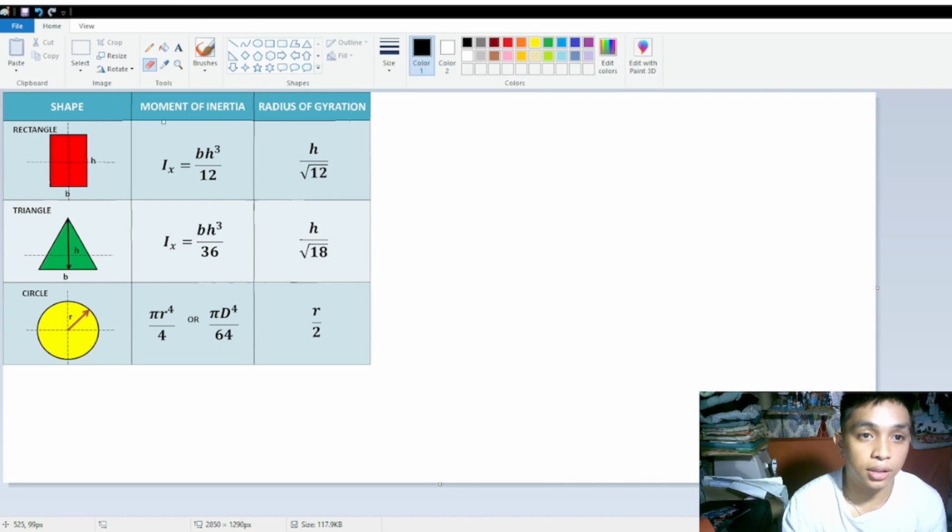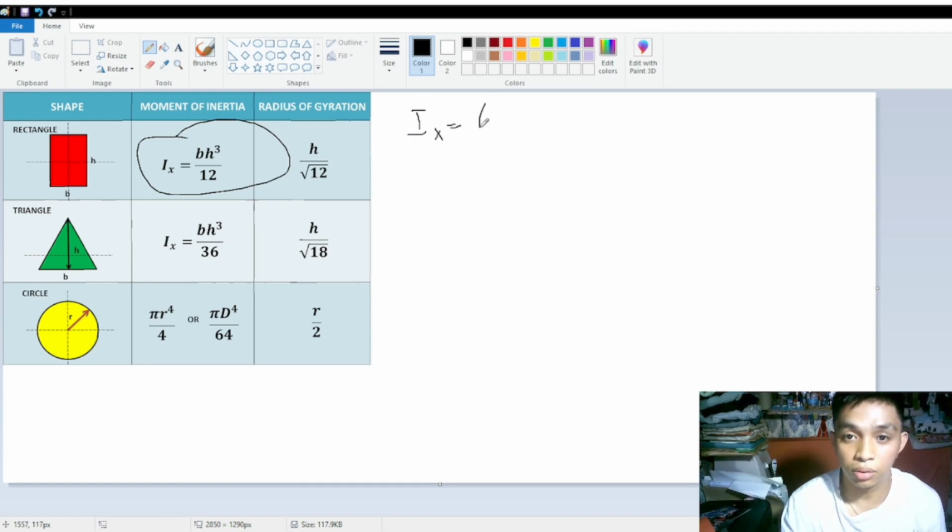I have certain shapes here: rectangle, triangle, and circle, and I have their formulas for the moment of inertia. For the rectangle, Ix is equal to base times height cubed over 12. This formula is derived from the general formula, Ix equals the integral of y squared times the differential area.